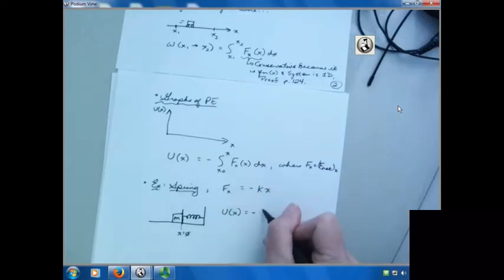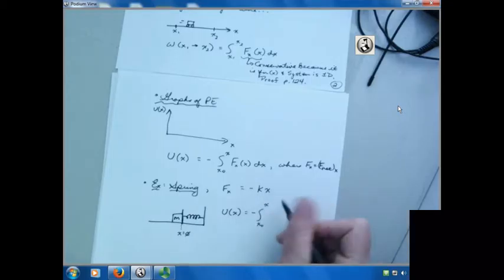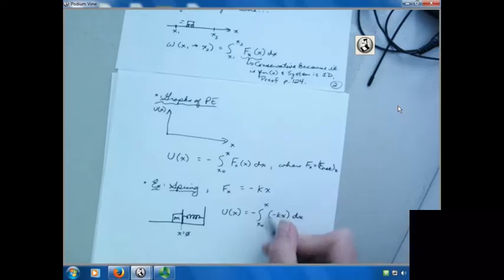This expression here: minus the integral from x naught to x of the force, which is minus kx dx. And I'm going to let x naught be 0, like I did in my figure. And I've got two negatives, so that's positive. And I've got k, and then I've got x squared over 2, which I had to evaluate from 0 to x, which just gave me that expression for u of x.